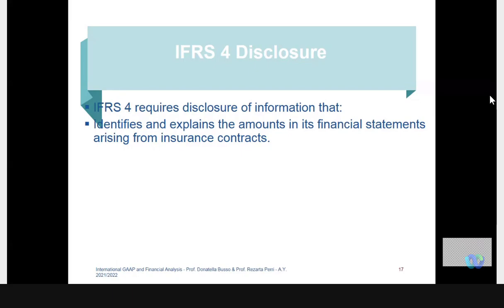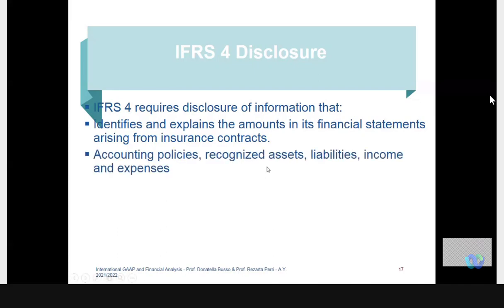This part of the income or this part of the liability relates to this part of the insurance contract that I am issuing with this third party. Now you see the standard does not go into detail how to account for the contract itself, how to recognize expenses, how to recognize the income, but just how to disclose information and what details you have to put in the notes of the financial statements.